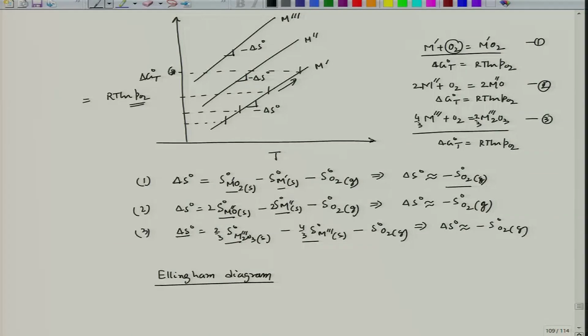So, I can find those values, and with a simple calculation, delta G 0 T equal to RT ln P O2. So, this P O2 is nothing but the equilibrium value at the temperature of consideration. So, that is one way of calculating the partial pressure of oxygen which is in equilibrium for that oxidation reaction.